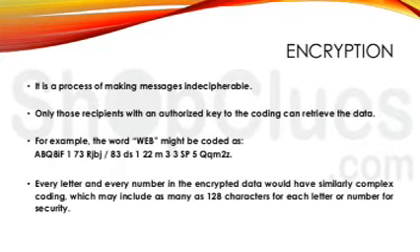Every letter and every number in the encrypted data would have similarly complex coding, which may include as many as 128 characters for each letter or number for security. So, encryption means a locking system for the protection of the users, like the business partners.